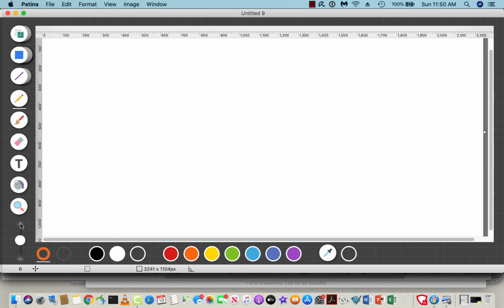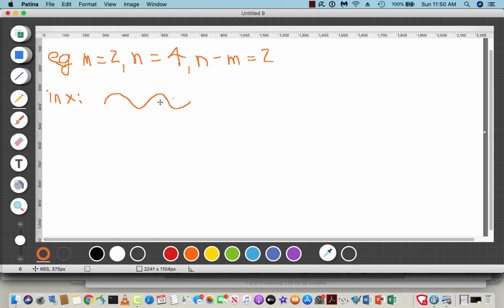So here's a second example, e.g. m equals 2, n equals 4, so n minus m equals 2. So in the east-west, we again have 2 waves, like so, a little bit more there.